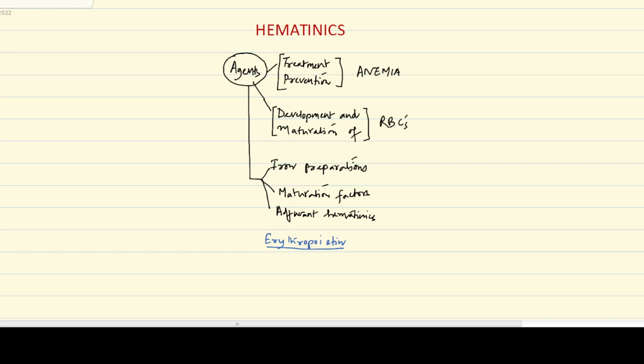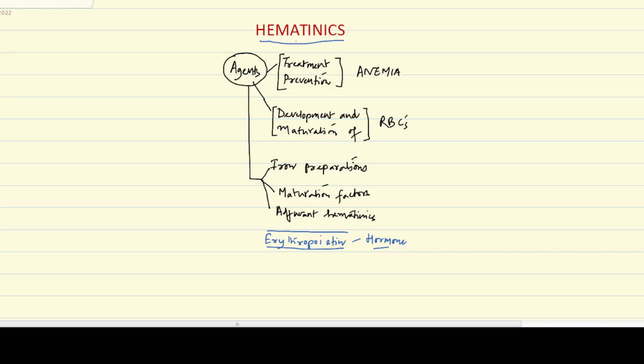But strictly speaking, hematinics refers to the nutrients which have got a role in the development and maturation of RBCs. Okay. So strictly speaking, erythropoietin, which is a hormone, typically does not fit into the classic definition of hematinics.